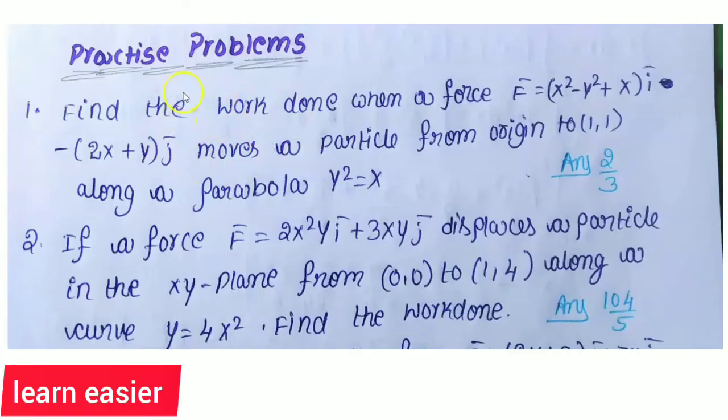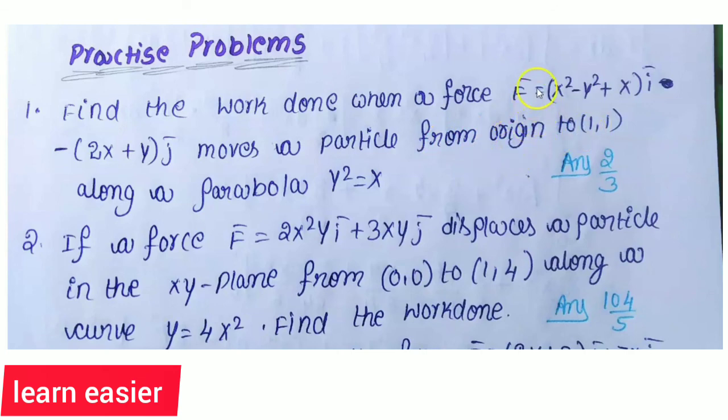Here are the practice problems, and the first problem is you have to find the work done for the force F bar moving a particle from the origin to 1 comma 1. Origin means 0 comma 0 to 1 comma 1, along a parabola, which is y square equal to x. So you can see here the limits are 0 comma 0 to 1 comma 1, those are x and y limits.